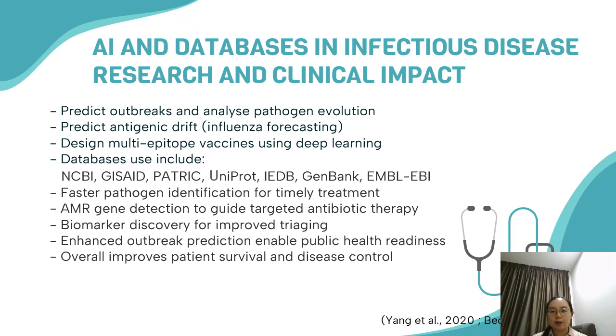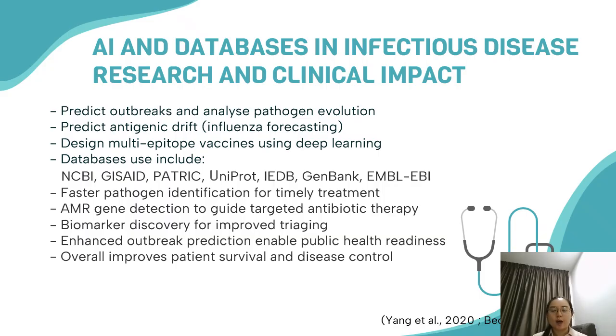For influenza, deep learning models can help to predict antigenic drift, allowing the researcher to predict the next viral strain. Deep learning methods can also be used to design multi-epitope vaccines, predicting the most immunogenic peptide with high accuracy.